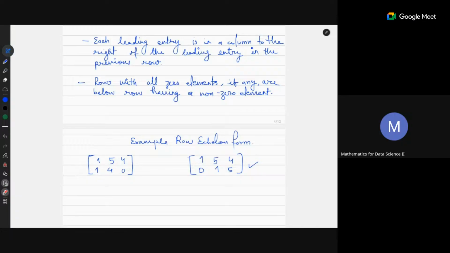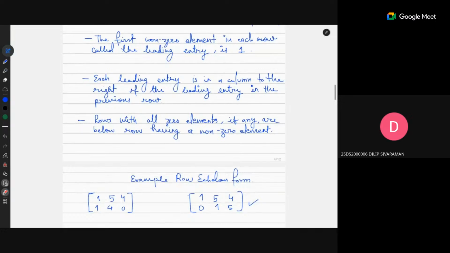Yes, Dilip, do you have anything to ask? Just like two questions back, you said 0 0 1 in the second row is also okay, right? But can you have a non-zero entry like 0 5 1? No, because what's the leading entry in that row?